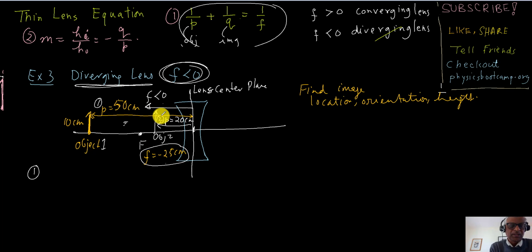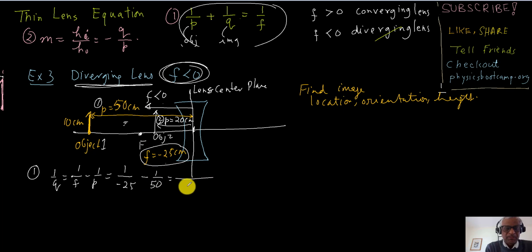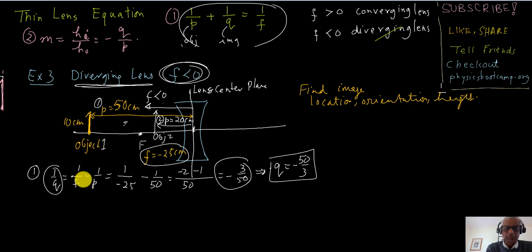All right, so case 1: 1 over q equals 1 over f minus 1 over p, and 1 over f is minus 25, minus 1 over 50. So this is now both of the same sign, so 50 minus 2 minus 1 is minus 3 over 50. So that just gives q equals minus 50 over 3. So remember, we find 1 over q, so we have to invert it.